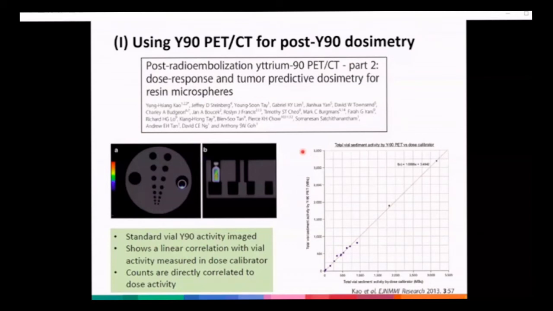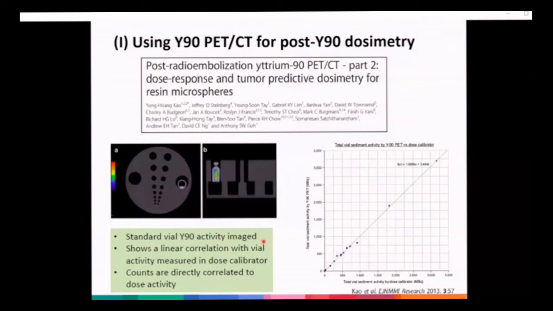This is the work done in my hospital. You would correctly recognize this insert that is used in one of the Tomo Phantoms. What we did was we placed a yttrium-90 residual activity in a glass vial with a cap at the top, and it can be seen on this transverse view.